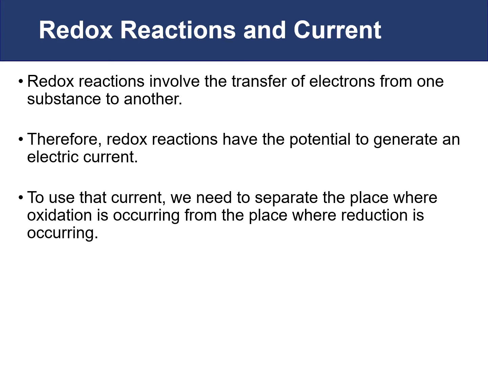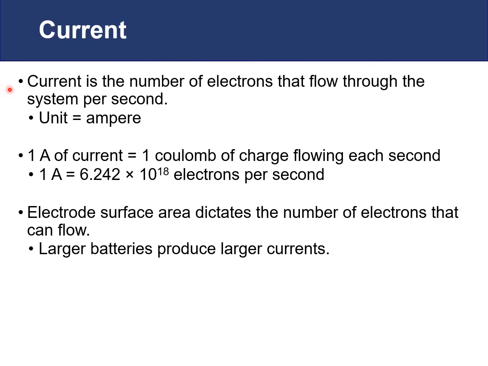By separating the two components, we can then force the electrons to transfer between them via a wire, and because current is a measure of the amount of charge that is flowing through a wire or through a substance, that's how we end up getting a current. So current is the number of electrons that flow through the system per second.